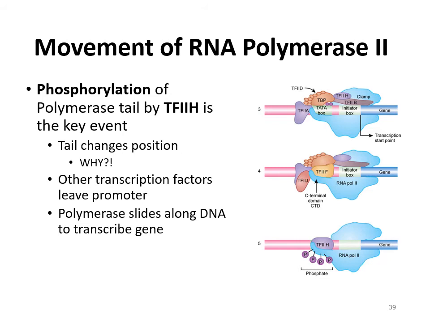Just know the significance of transcription factor IIH is to phosphorylate RNA polymerase so the polymerase can move across DNA and transcribe the genes. If you're still a little unclear about that, please send me a remind message and I'll clarify it.